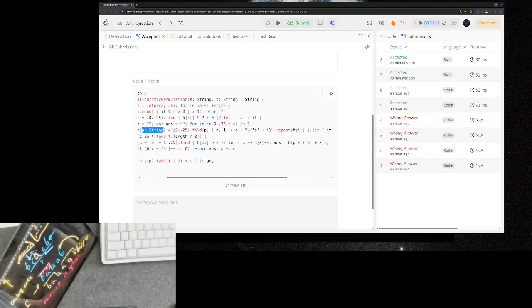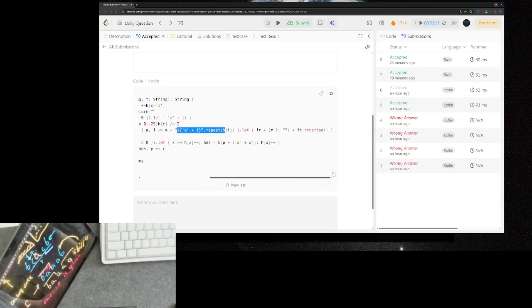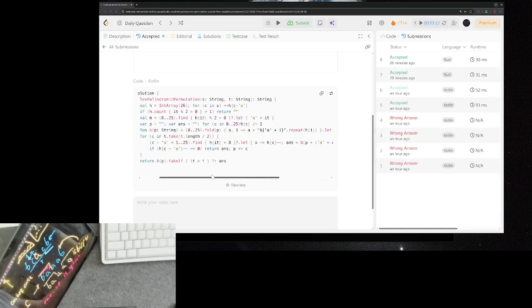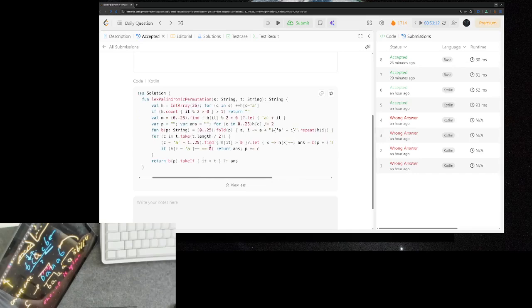Basically take the prefix, then spread what we have, and maybe add the middle if necessary. Okay, this is what the problem is.